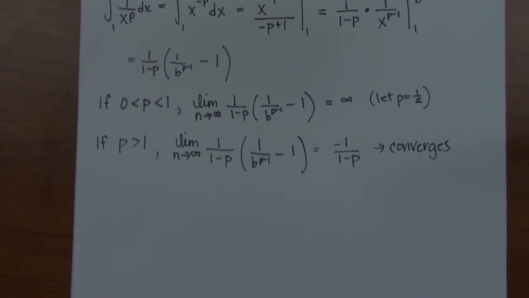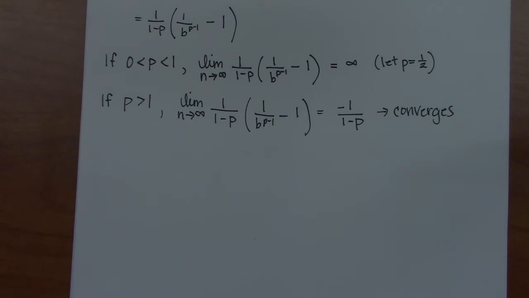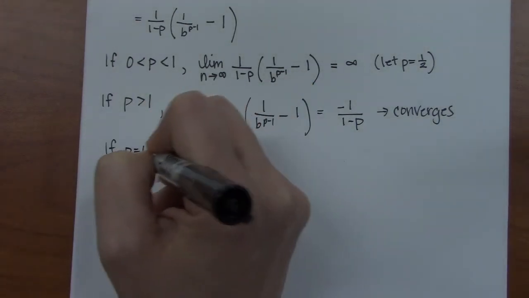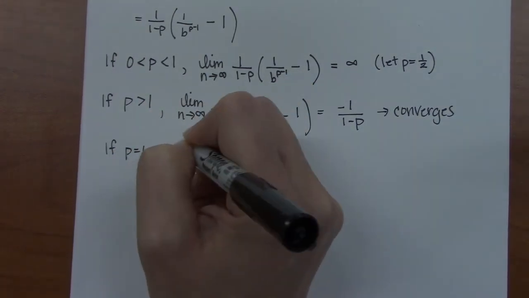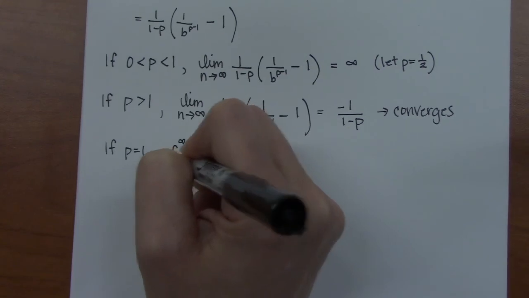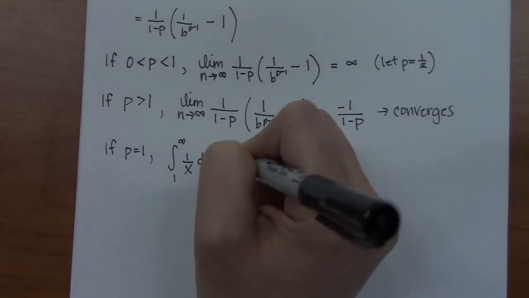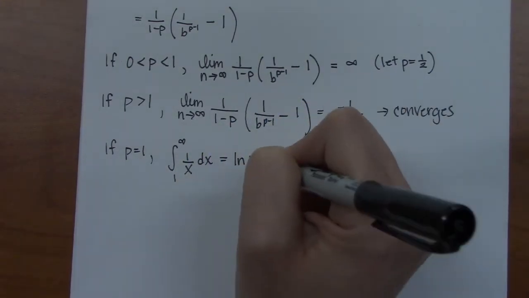Now, I left off a number here. We didn't talk about what happens if p equals 1. Well, if p equals 1, we actually have to set up the integral again because the antiderivative is different. So if p equals 1, the integral from 1 to infinity of 1 over x has a completely different antiderivative, and hopefully by now you all know that's ln of x.